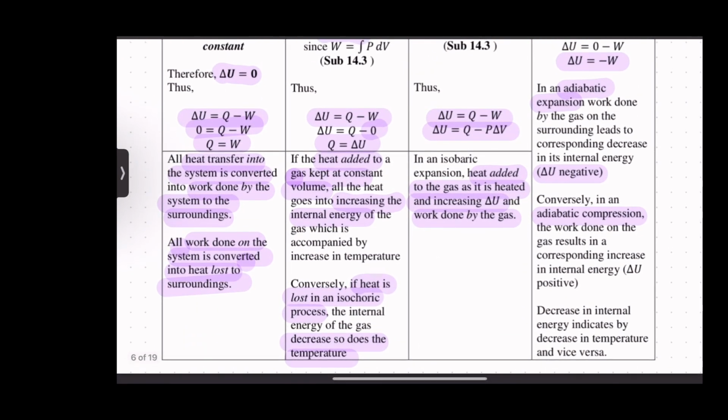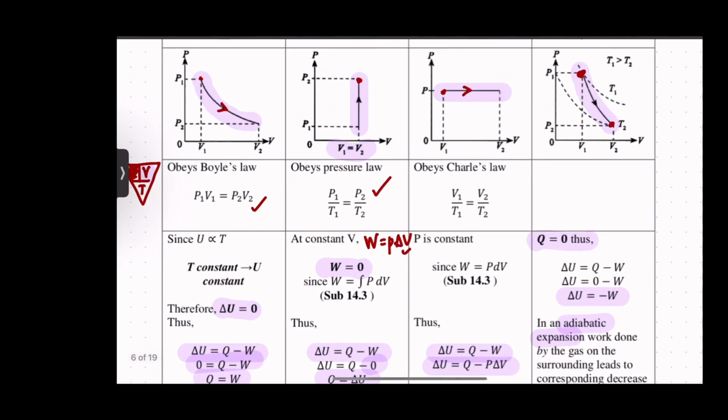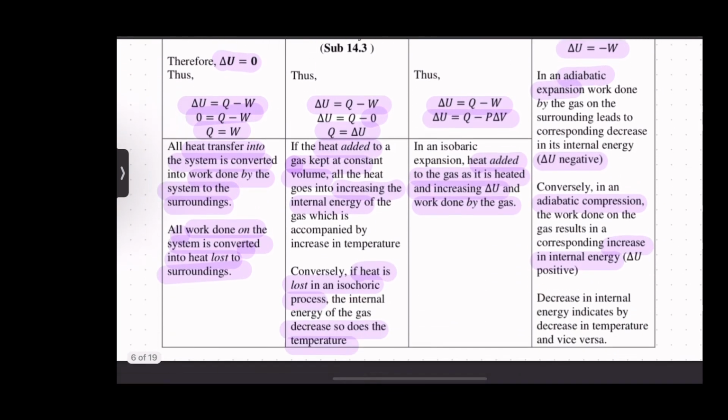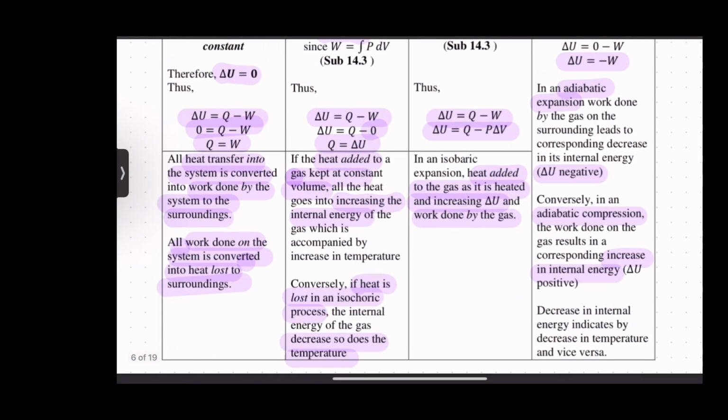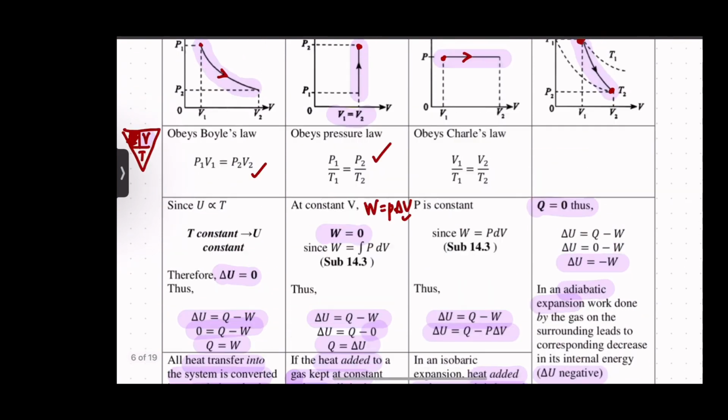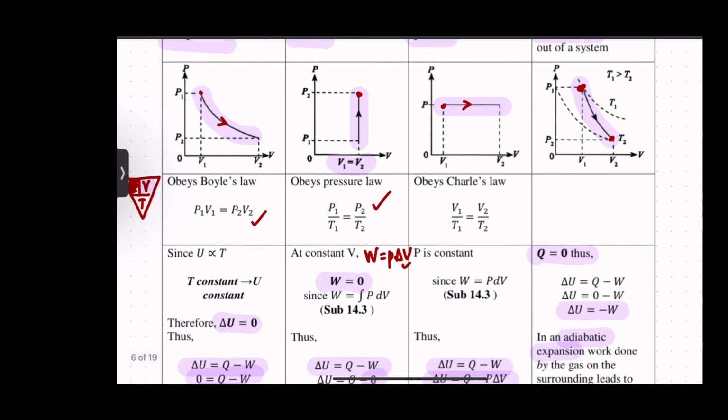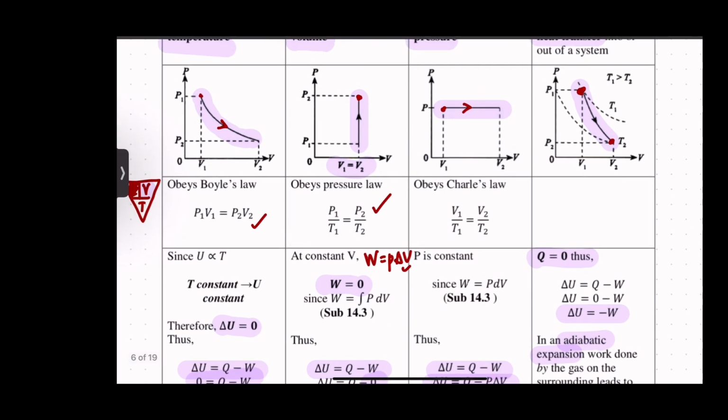Okay, so kalau adiabatic compression, the work done in the gas result in the corresponding increasing in internal energy. Sebab bila compression terbalik daripada yang equation ni, you akan dapat delta U adalah positif. Decrease in internal energy indicate by the decrease in temperature and the vice versa lah. Sebab kita consider atas temperature kan. Internal energy kan bergantung kepada temperature.